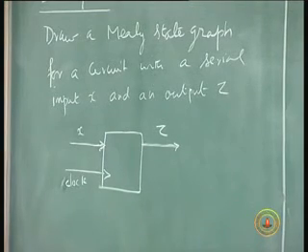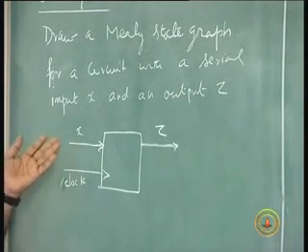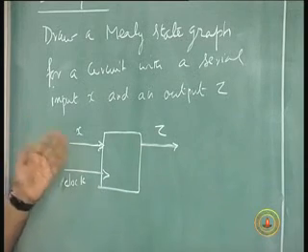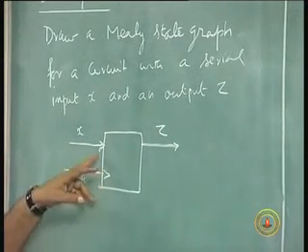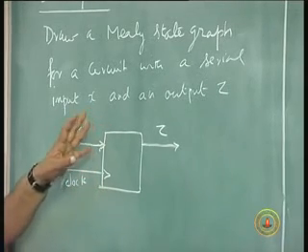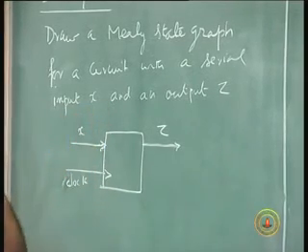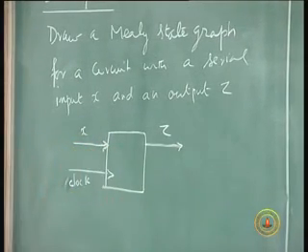That means there is an input which comes, it can be the same also, and it is sampled during every clock transition. The input is sampled at every clock transition. If the value has changed, it will take the new value. If the value is not changed, it will still take the old value.